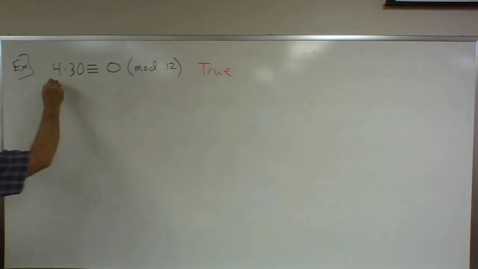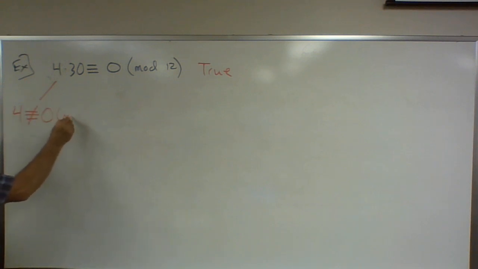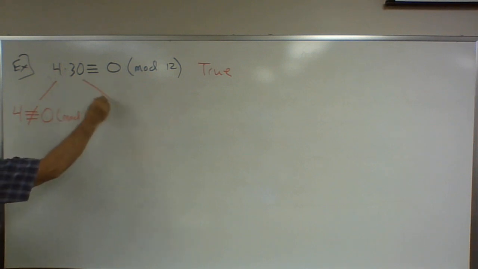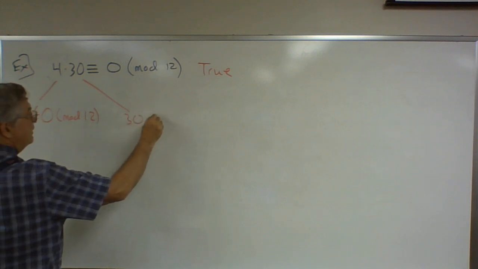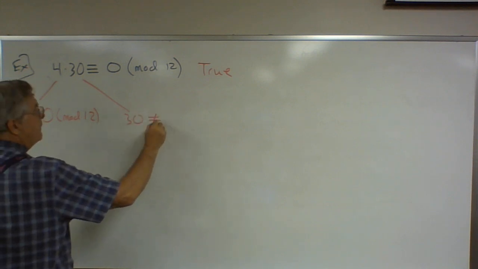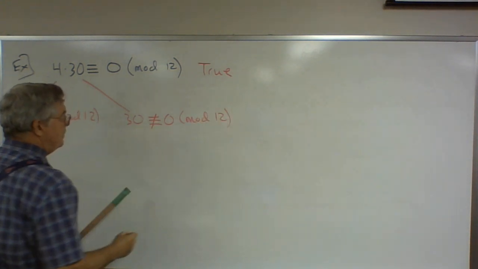Now, 4 is not congruent to 0 mod 12. 30 is not congruent to 0 mod 12.